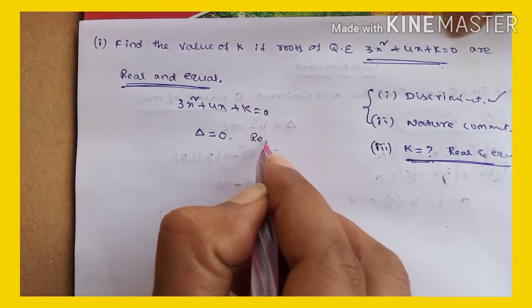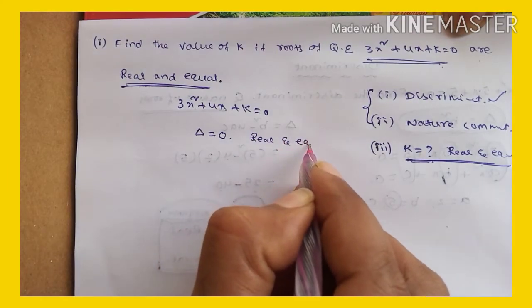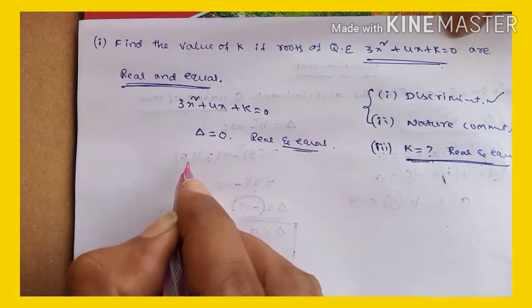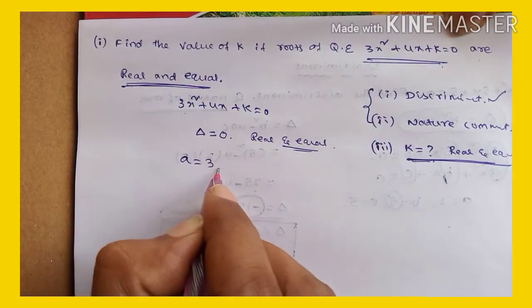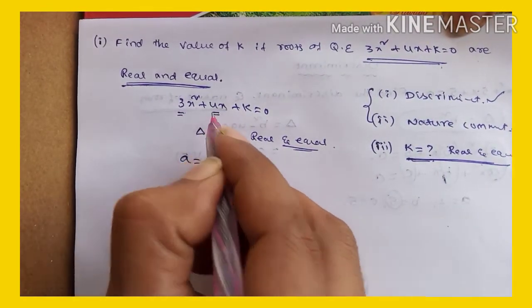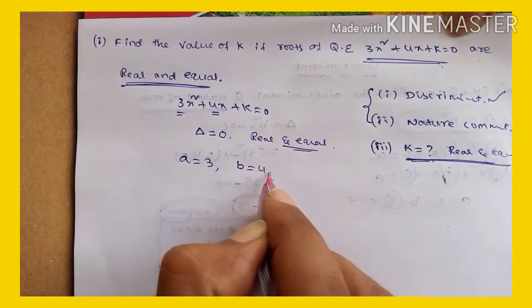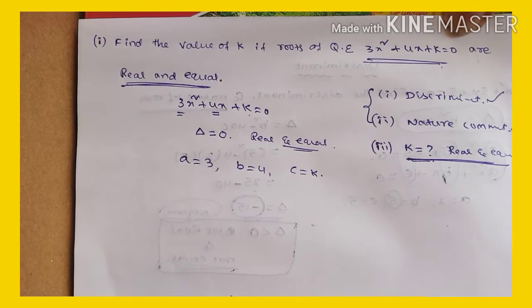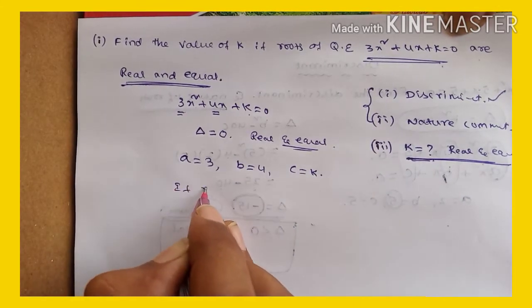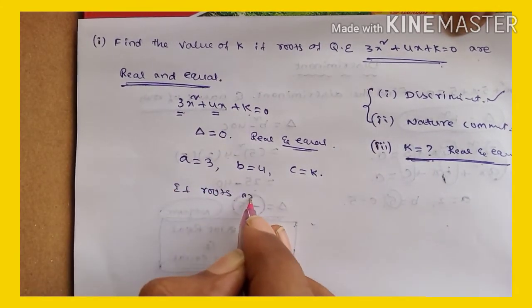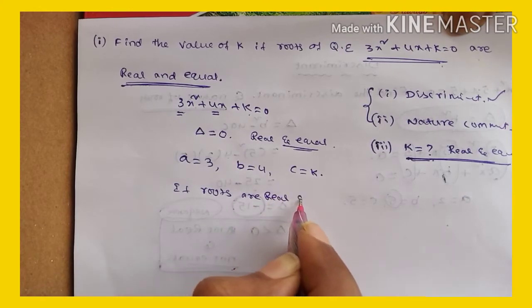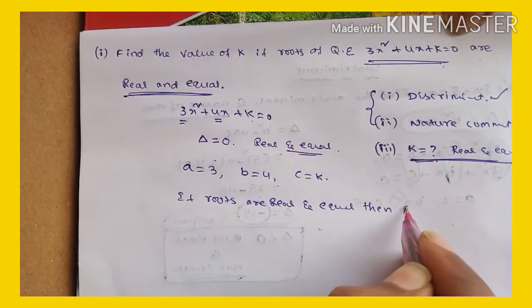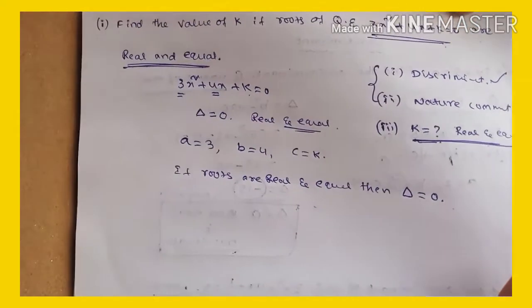Then the roots are real numbers and also they will be equal. So for the given equation, a value is equal to 3, b value is equal to 4, and c value is equal to k. If roots are real numbers and also equal, then delta value equals 0.